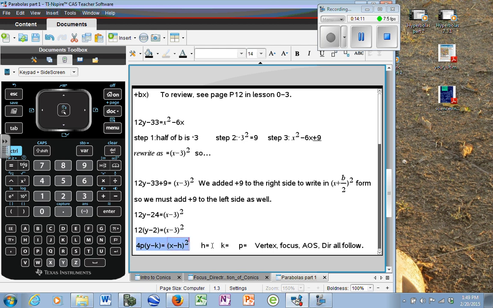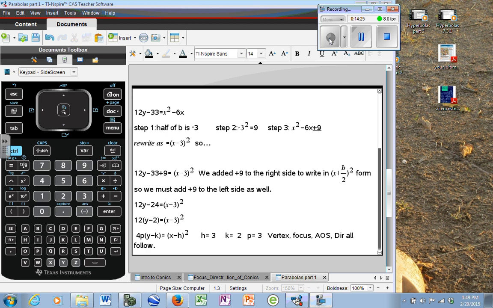So pause here and figure out what h, k, p are, and then the vertex, focus, axis of symmetry, and the directrix are all just going to flow from those answers. So h is 3, k is 2, p is 3, vertex 3, 2, focus can be calculated, axis of symmetry, no problem, directrix, got that one.